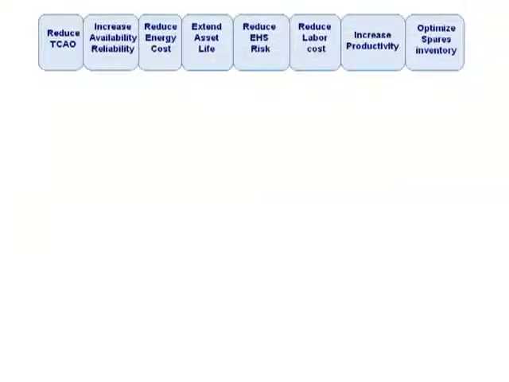So in general, we all have goals. We all want to reduce the total cost of asset ownership, increase availability. So these are some of the goals. Some of you will have different goals depending on where you are in your cycle. But mostly you will have some goals for a quarter, for a year, or for a 3-year period.